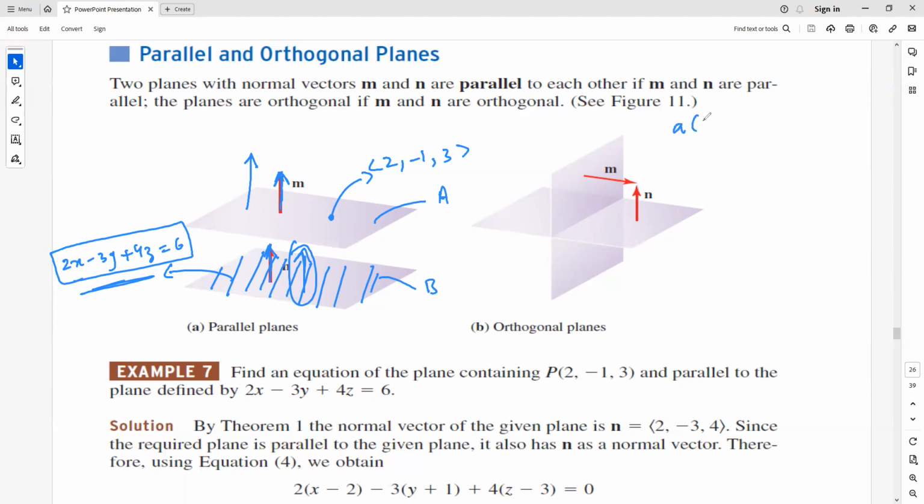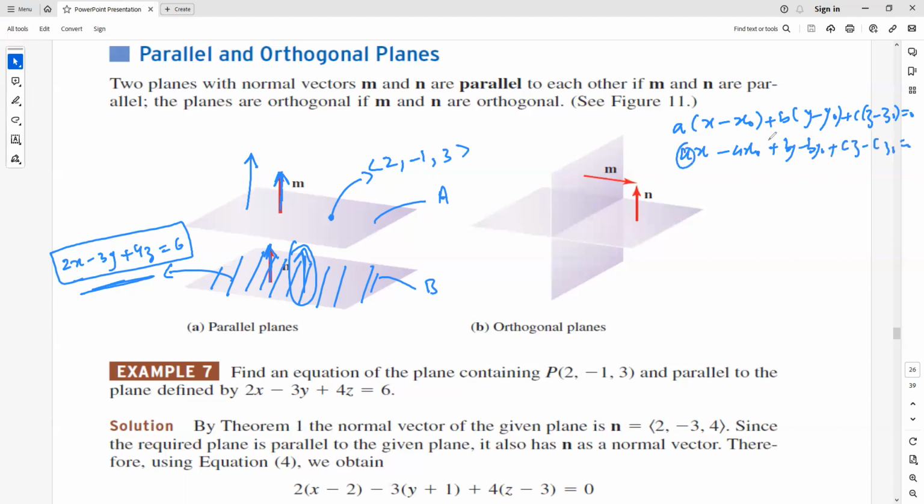If we go to the definition, we have a(x minus x naught) plus b(y minus y naught) plus c(z minus z naught) equals 0. And here we get ax minus ax naught plus by minus by naught plus cz minus cz naught equals 0.